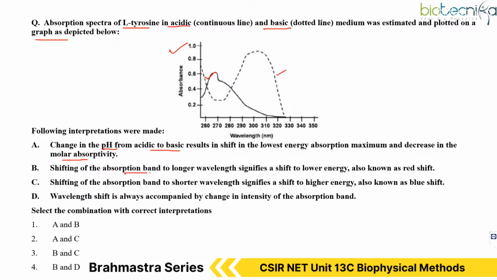B. Shifting of absorption band to longer wavelength signifies a shift to lower energy, also known as redshift. C. Shifting of the absorption band to shorter wavelength signifies a shift to higher energy, also known as blue shift. And wavelength shift is always accompanied by change in intensity of the absorption band. Select the combination with correct interpretations.